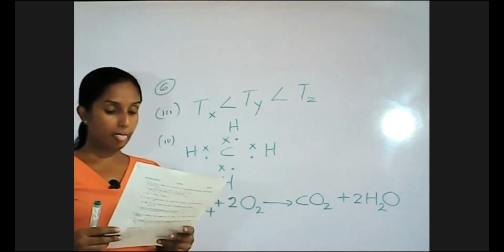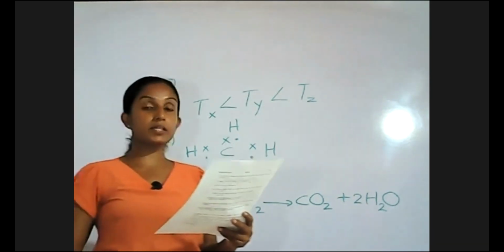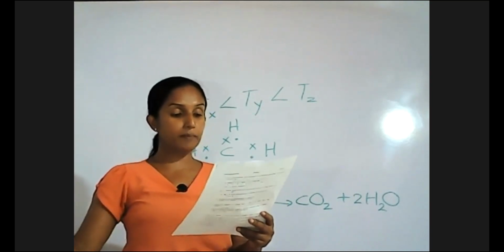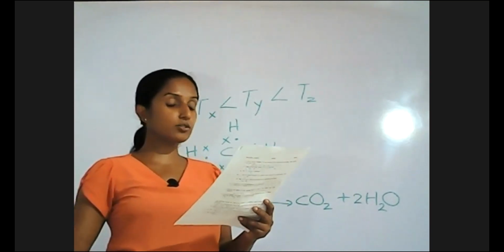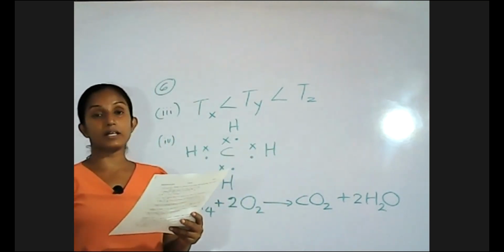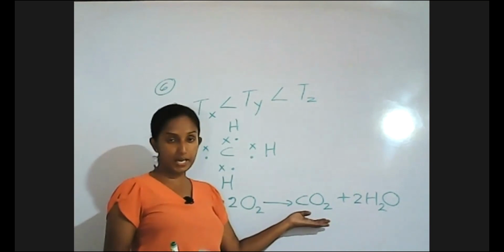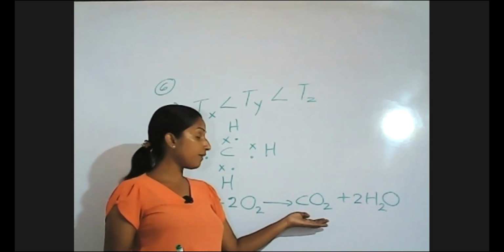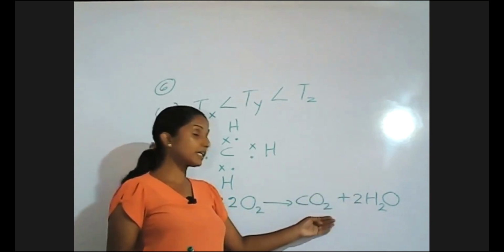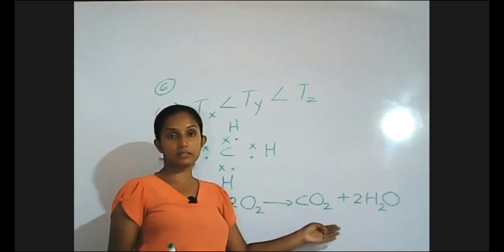Seventh one. State an environmental problem caused by the gaseous components that would be released to the environment during refining of crude oil. That means carbon dioxide gas, right? So we have to write the environmental problems related to carbon dioxide gas.